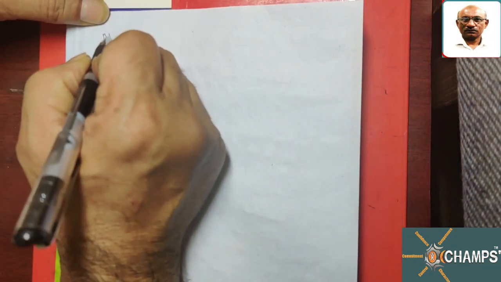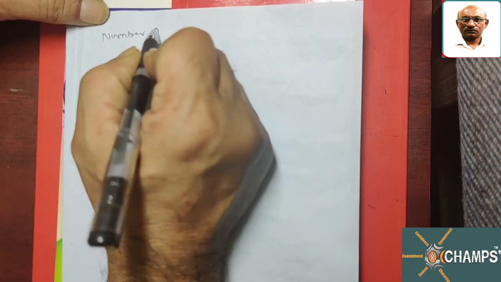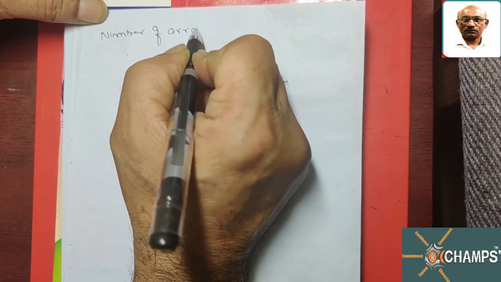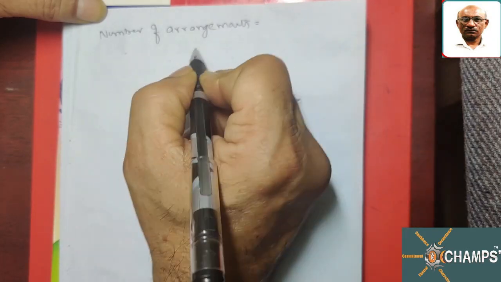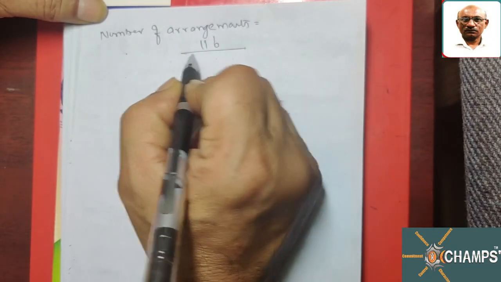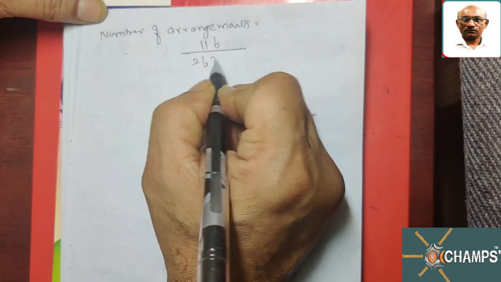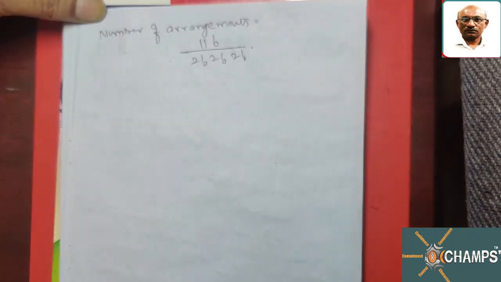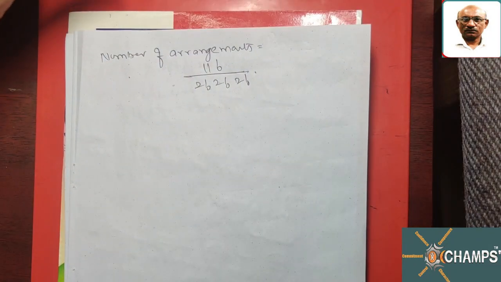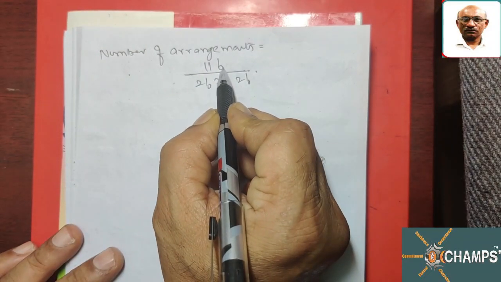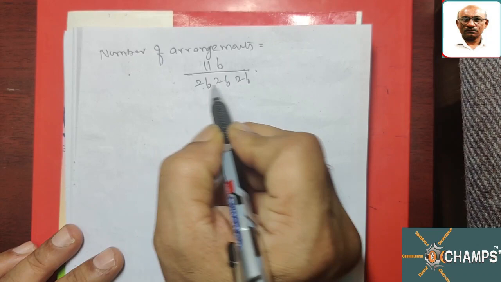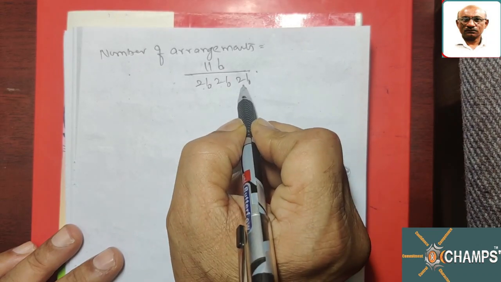Therefore, the number of arrangements is equal to 11 factorial by 2 factorial, 2 factorial, 2 factorial. This 11 factorial means if they are distinct letters, so 11 factorial, divided by 2 factorial, 2 factorial, 2 factorial.